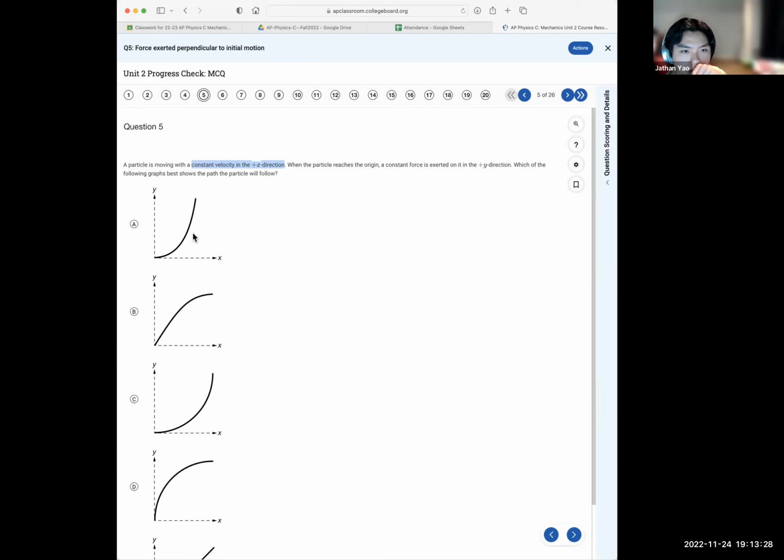Because it's moving with constant velocity. Okay, constant force in the y direction. So what does a constant force do? A constant force creates a constant acceleration. If you have a constant acceleration, then let's go backward and look at the equation.